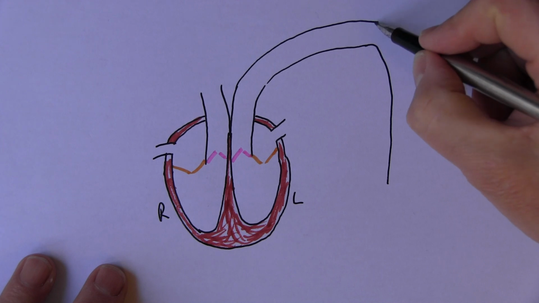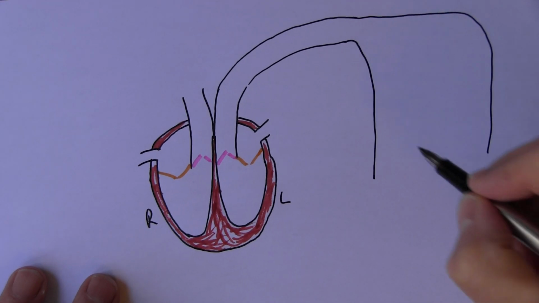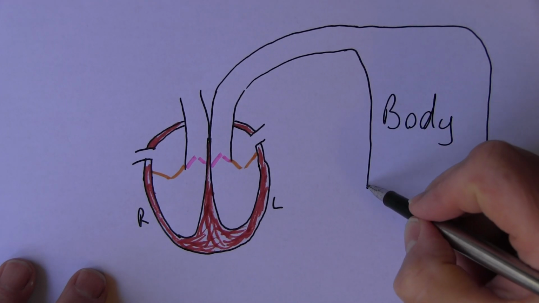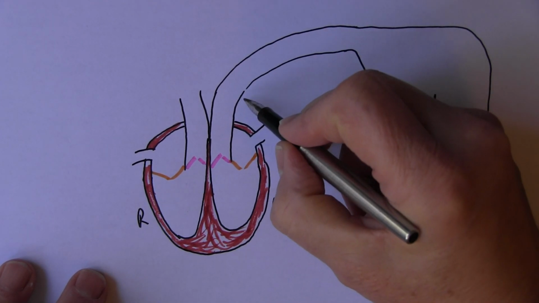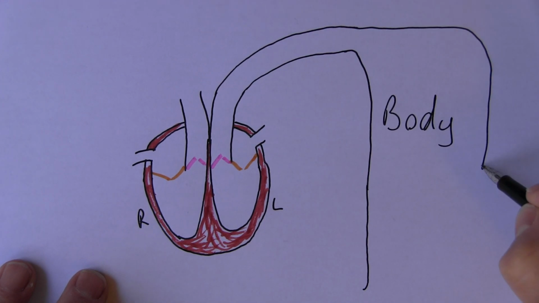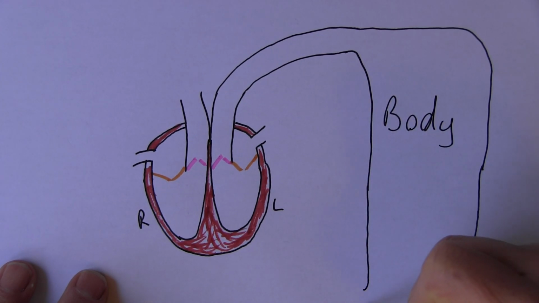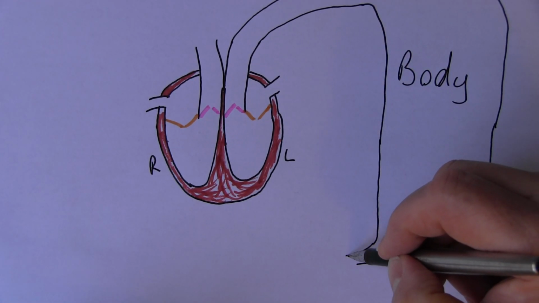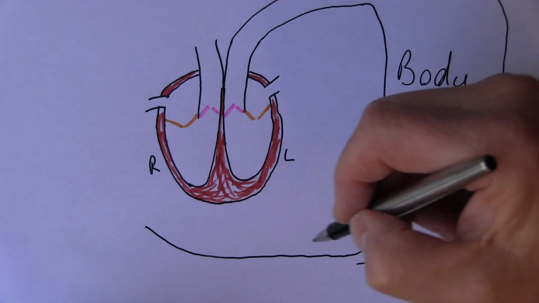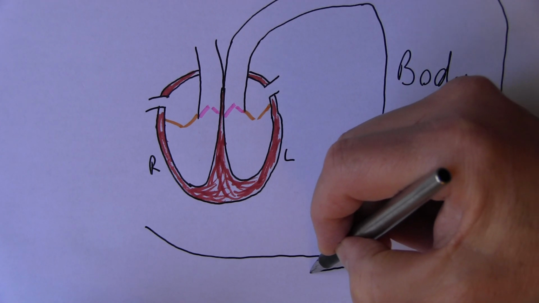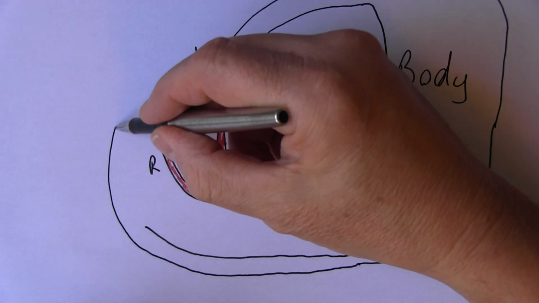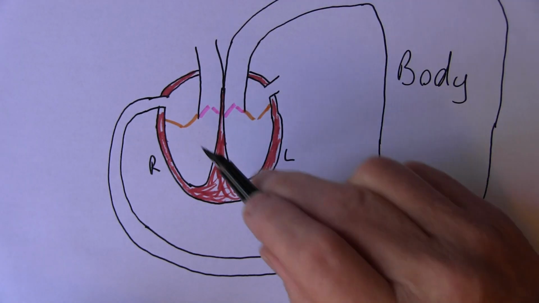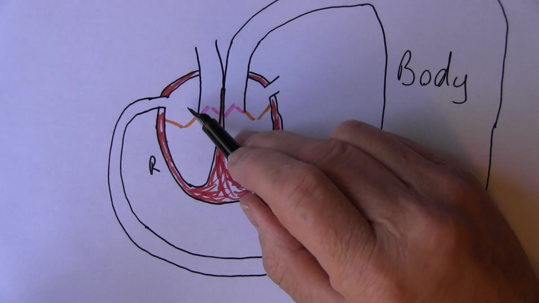This represents the body here. All of the body receiving its blood supply from the aorta. But then once the blood's been through the systemic capillaries of the body, it needs to drain back in the body's systemic venous system, via the inferior and superior vena cava, back to the right atrium.